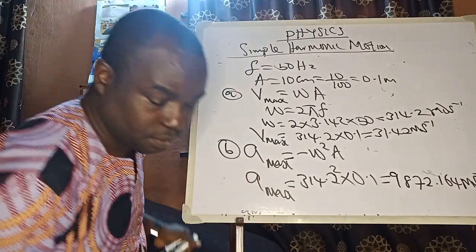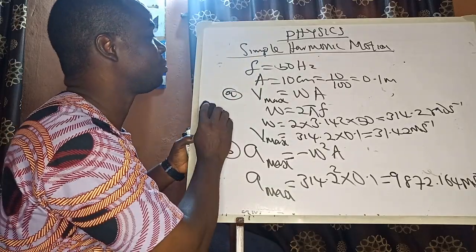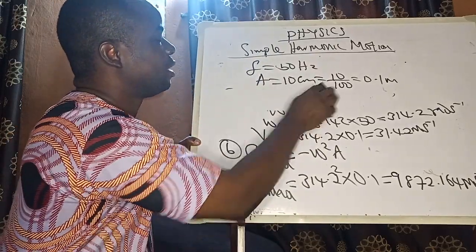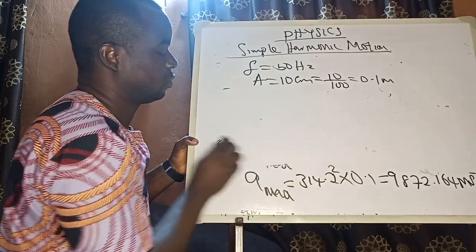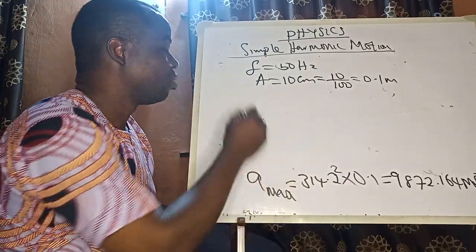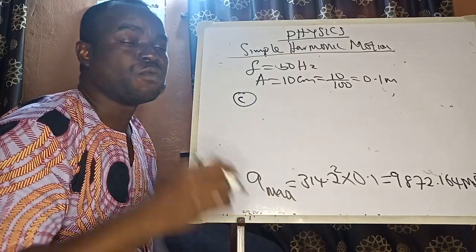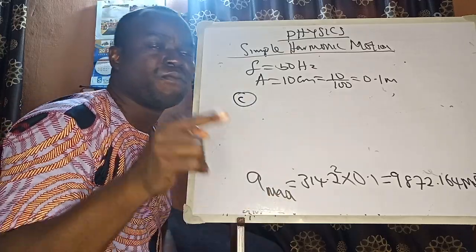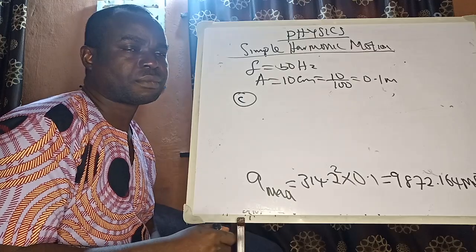Now, very quickly, we look at number 3. Now, please pay very good attention. Very important. Number 3 now says we should find velocity at the center.